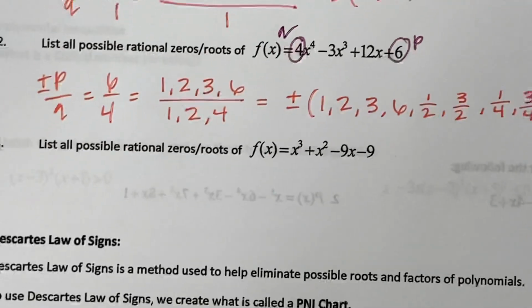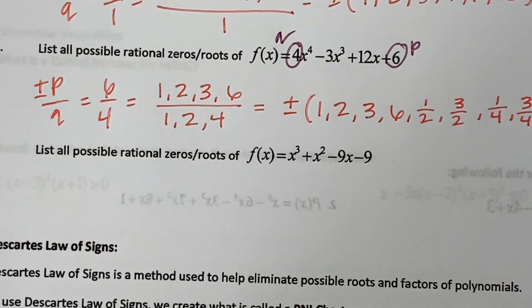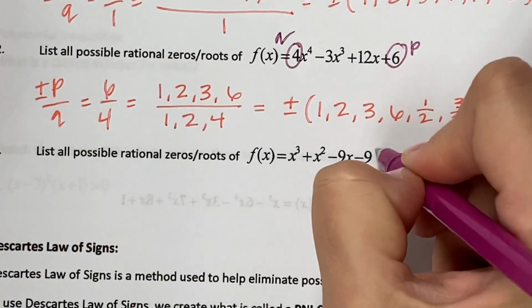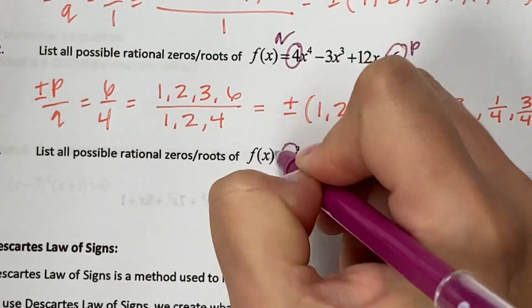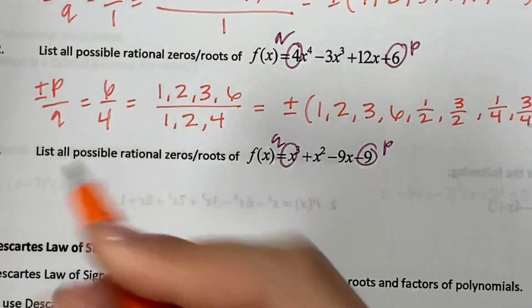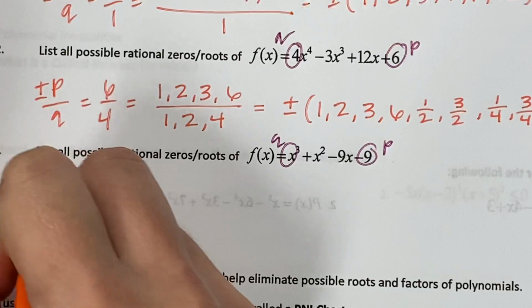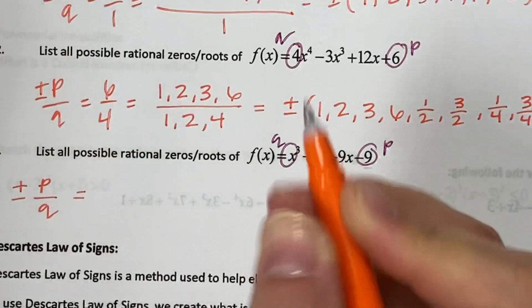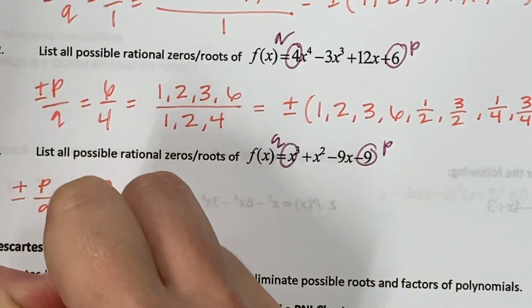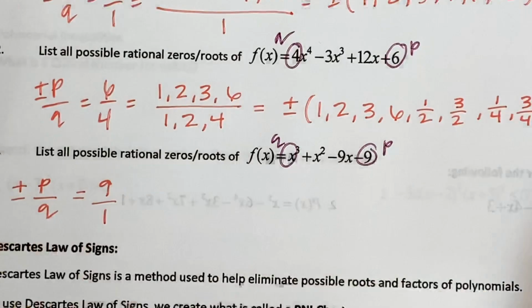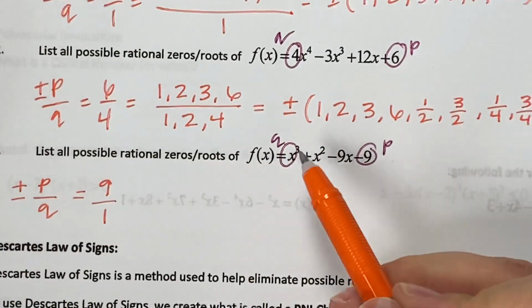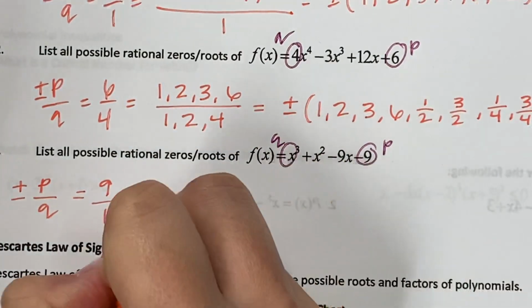Okay, let's do one more. But I think you get it. So P, Q, 9 over 1. Ignore the signs. I know it's negative, but we're just listing out factors of 9 because our answer is positive or negative anyway.